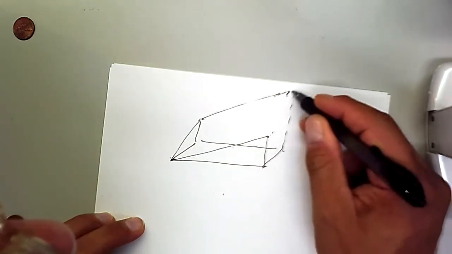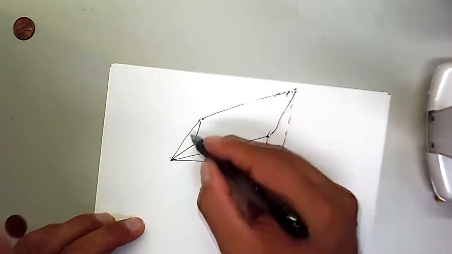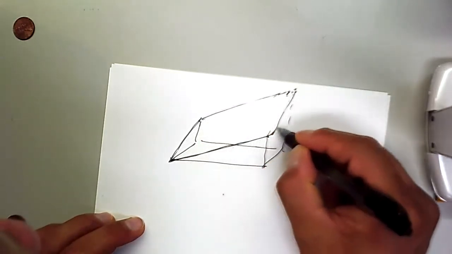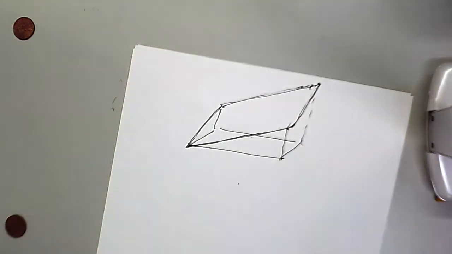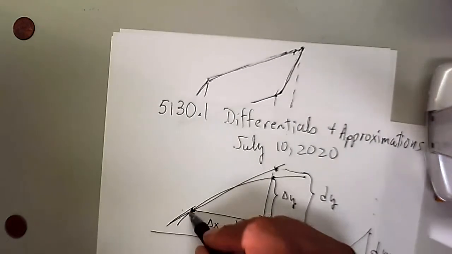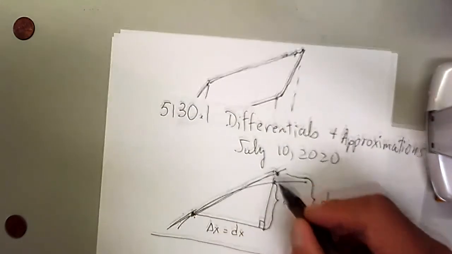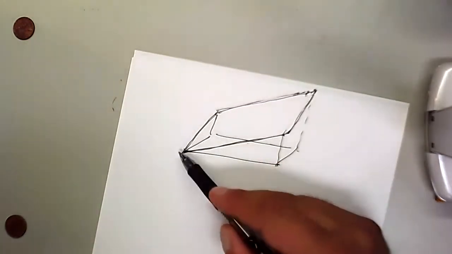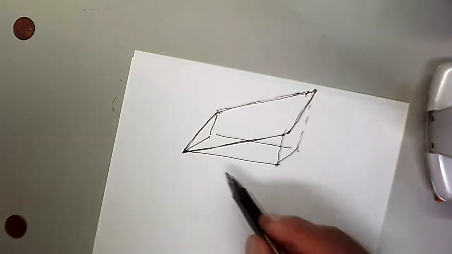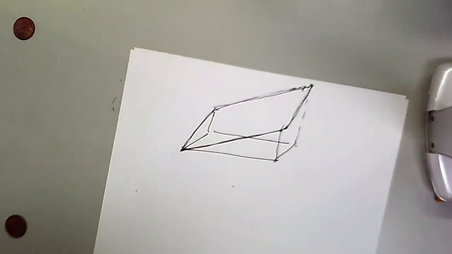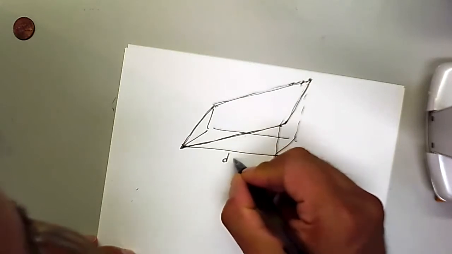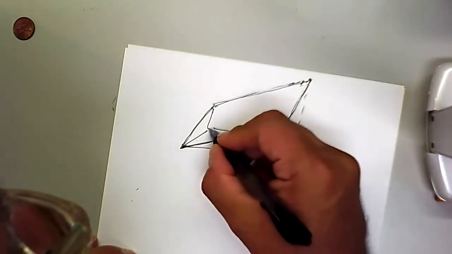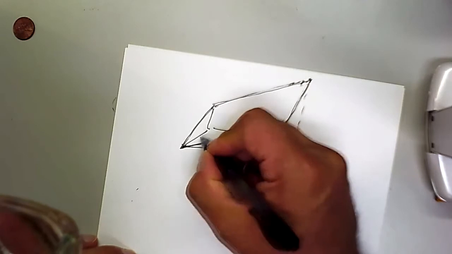There we go. So this is the sheet for which we're going to define the differential. This is the plane, as opposed to a straight line in Calc 1. So this straight line all of a sudden has become this plane, which is attached to a surface. I don't want to draw the surface because it's going to be even more complicated. So pretend this is a dx, and down that way, we're going to have dy.